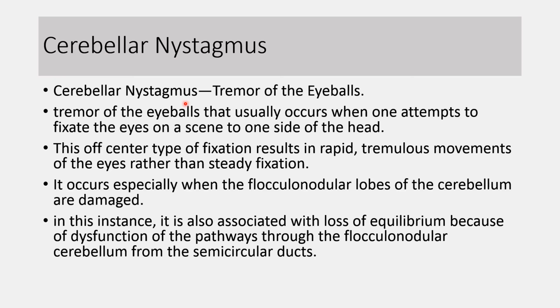So when the person with the cerebellar damage tries to fixate his eyeball to the visual scene on one side of the head, it results in the tremor-like movement of the eyeballs rather than a steady fixation on the object. So this is known as cerebellar nystagmus, and it occurs whenever the flocculonodular lobe of the cerebellum is damaged. So cerebellar nystagmus is commonly associated with the loss of the equilibrium.